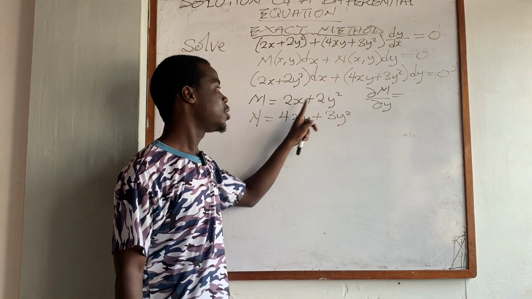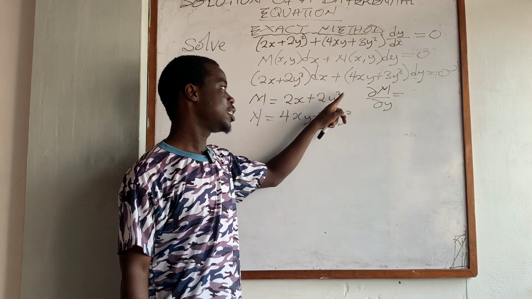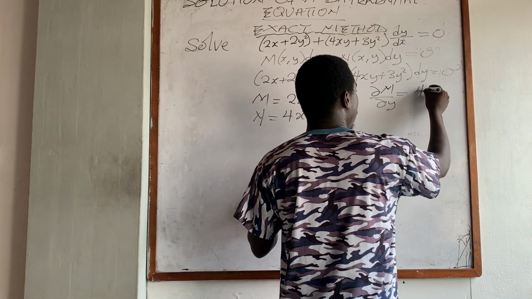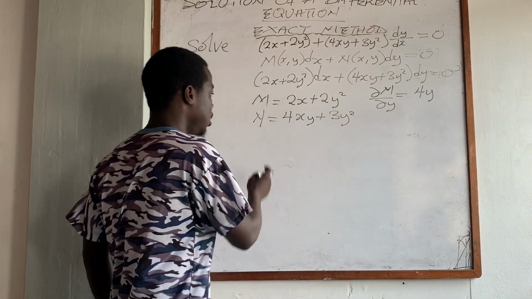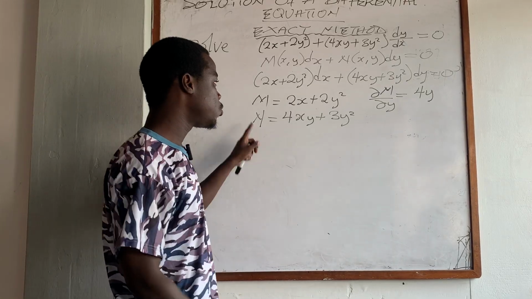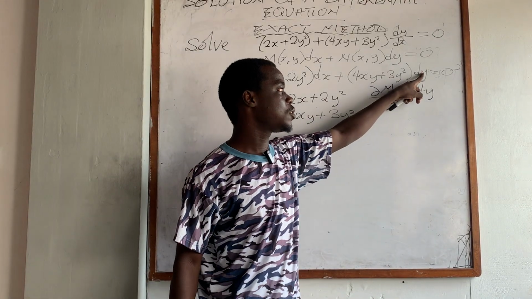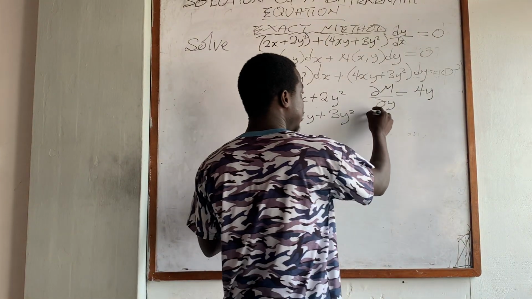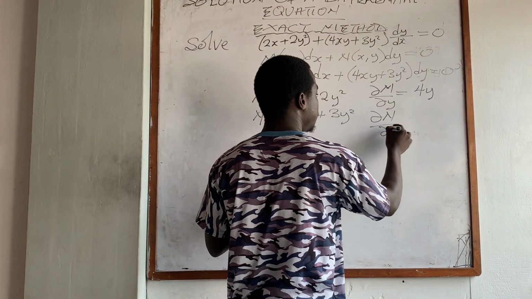There is no y here. So I will differentiate this. And differentiation, the power will multiply this, then I will subtract 1 from that. So I will get 4y, right? Then let's check the N. So with the N, which is this, y is attached to that. That means I will differentiate that one with respect to the other variable, and I will get the N with respect to x.